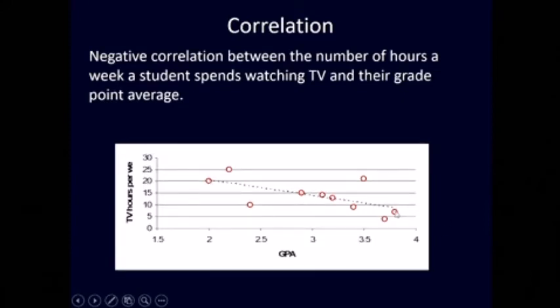Whereas down here, high grade point average, 3.7 or something, just over 5 hours per week watching TV. And you can see the general trend is down, right? The more TV you watch per week, the lower your grade point average.